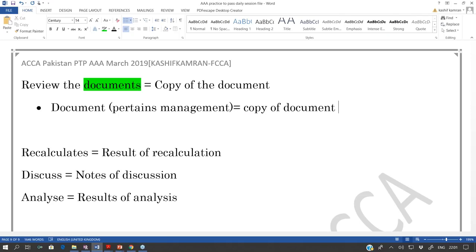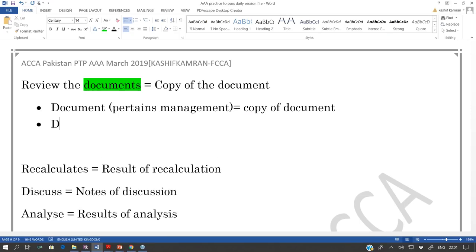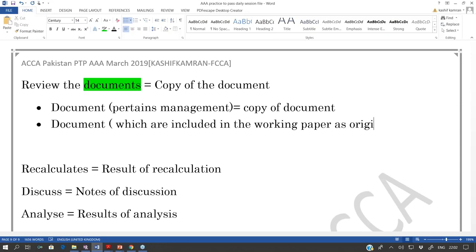But sometimes there are documents which are included in the working paper as original. So there are many documents which are included in the working paper as original.